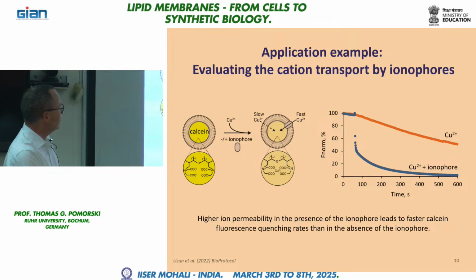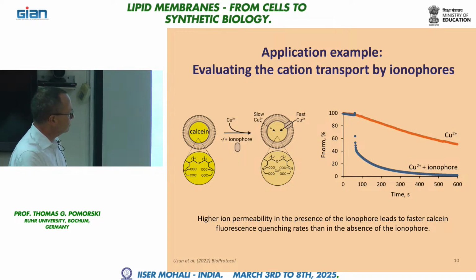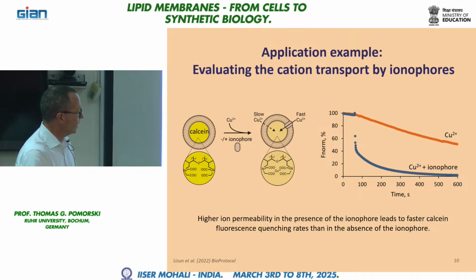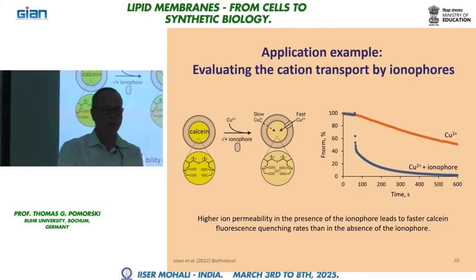And if you now add calcium to the outside, you see that this calcium is slowly going in. So the membrane is not completely impermeable. But if you add, for instance, a calcium ionophore, it becomes really fast permeable, because the fluorescence drops down, and when the fluorescence of this calcein drops down, it's an indication that calcium has entered and has bound to this dye and changed the fluorescent property.